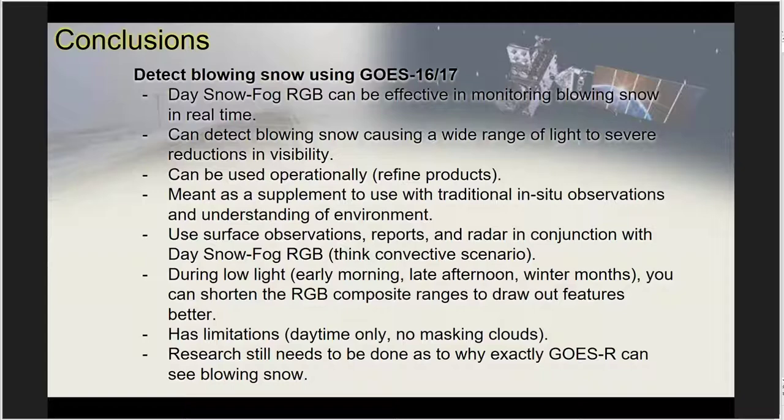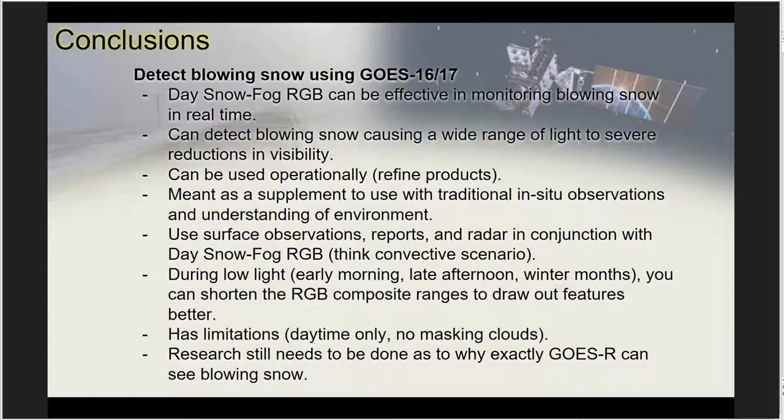This approach is meant to supplement your traditional in-situ observations and your understanding of the environment. And you can use surface observations, reports, webcams, and radar in conjunction with this day snow fog RGB, almost like you would treat a convective scenario.